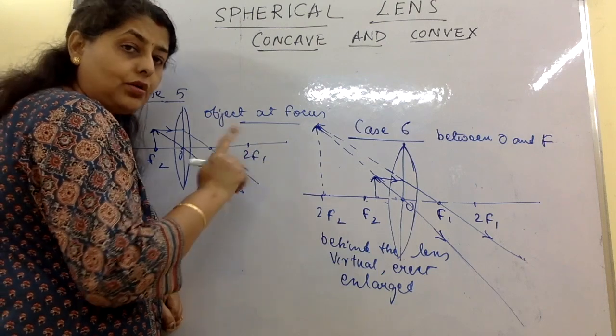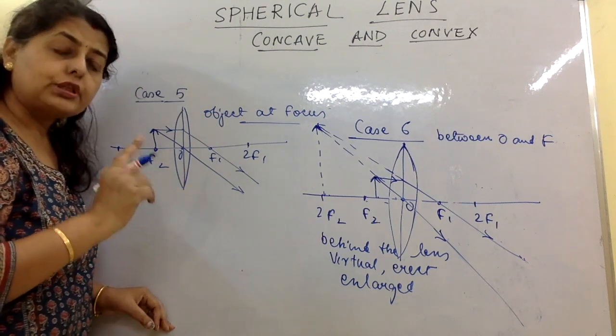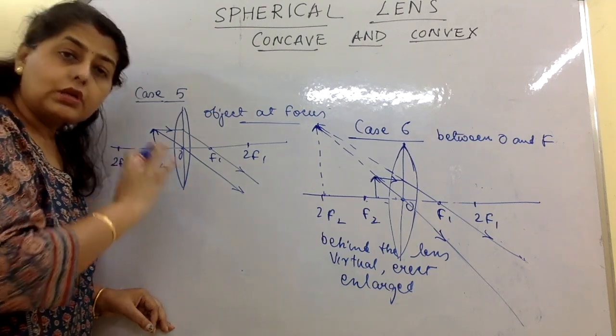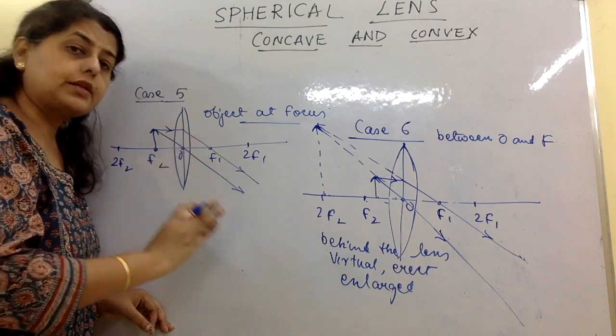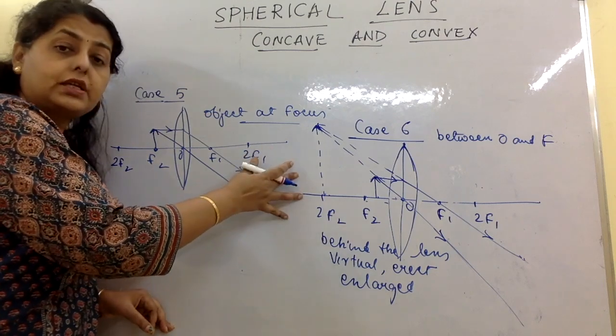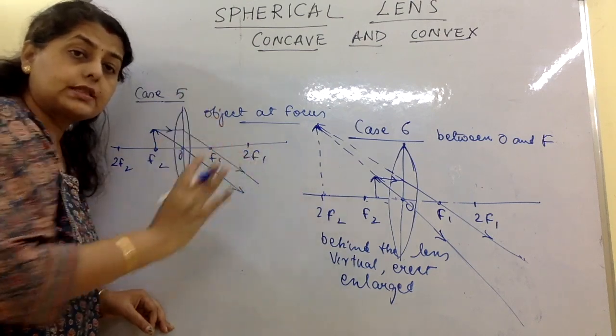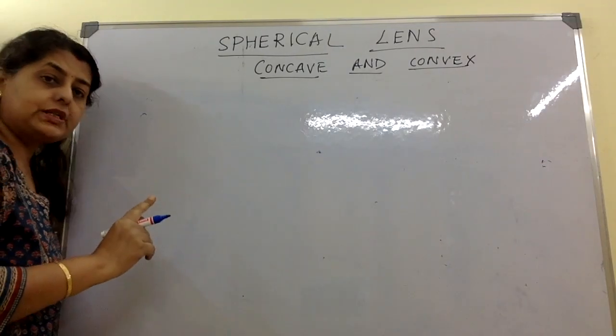Let me know in your comments. So you can observe here that there is only one virtual image in all 6 cases of convex lens. The rest are all real and inverted, only one is virtual. So this is a very important diagram. Please draw it several times before going to your exams.